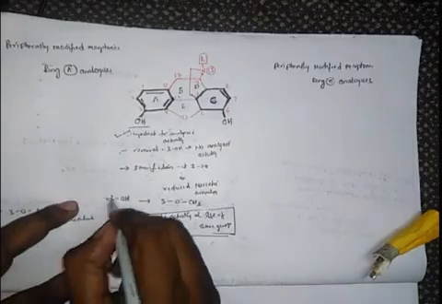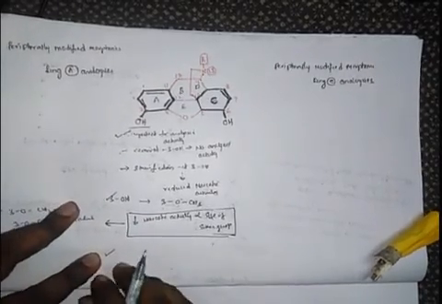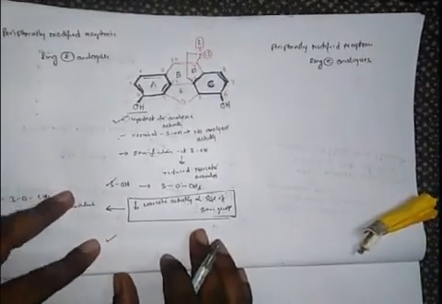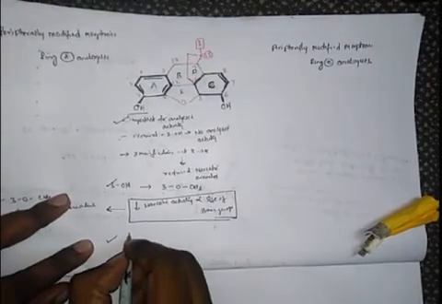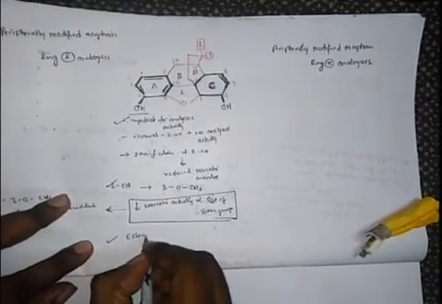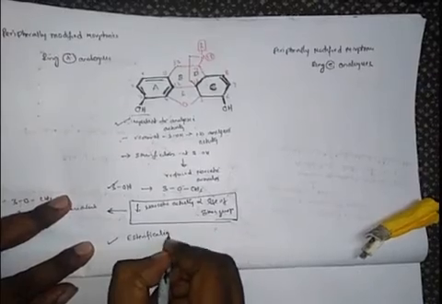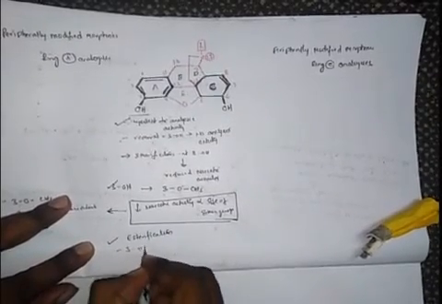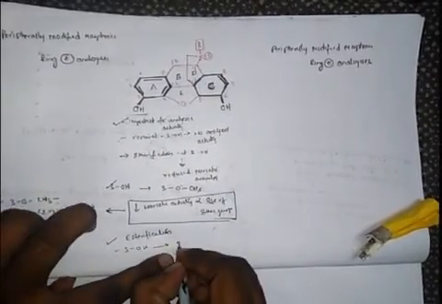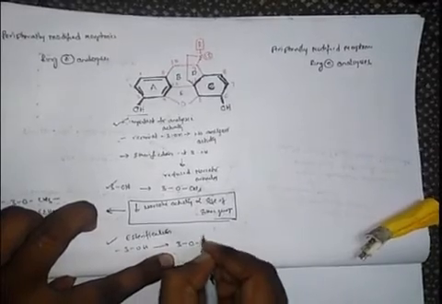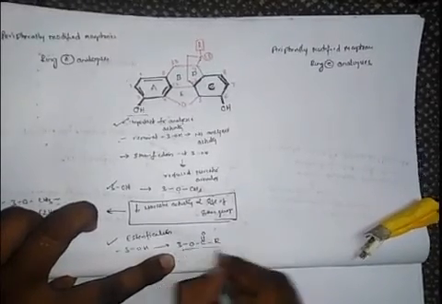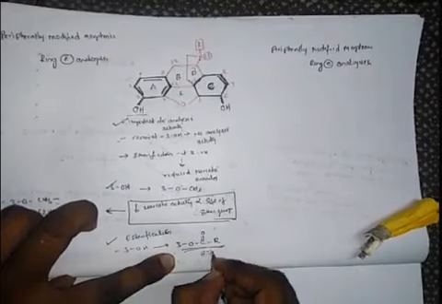Coming to the fourth possible modification, esterification, such that the 3-OH group is converted into 3-O-C=O, the ester group.